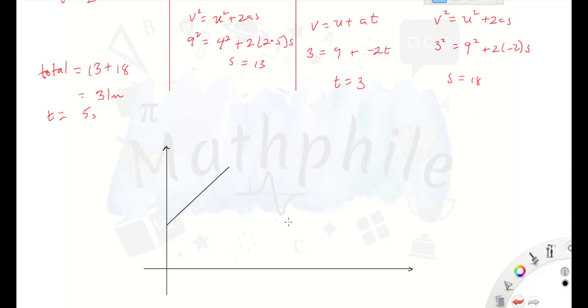This should be the first case. The initial velocity is 4, and the time taken to travel this distance is 2.